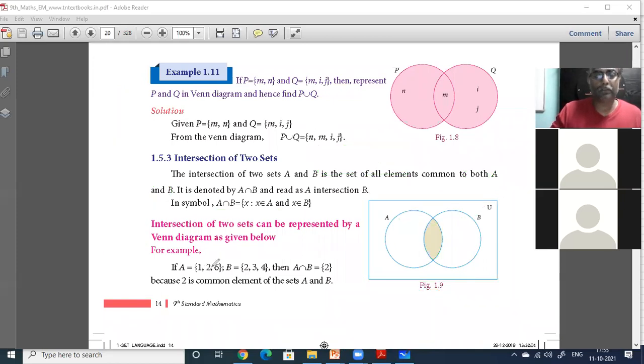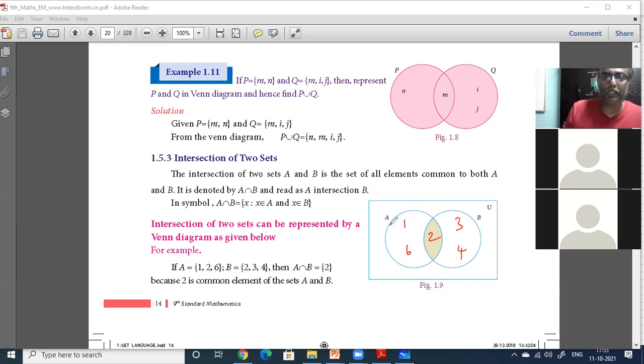Now, if A is equal to {1, 2, 6} and B is equal to {2, 3, 4}, what is A intersection B? Which is the common element? 2, uncle. So I am filling this up: 1, 6, 3, 4, and 2. So what is A intersection B? 2. This is how you have to draw the Venn diagram.